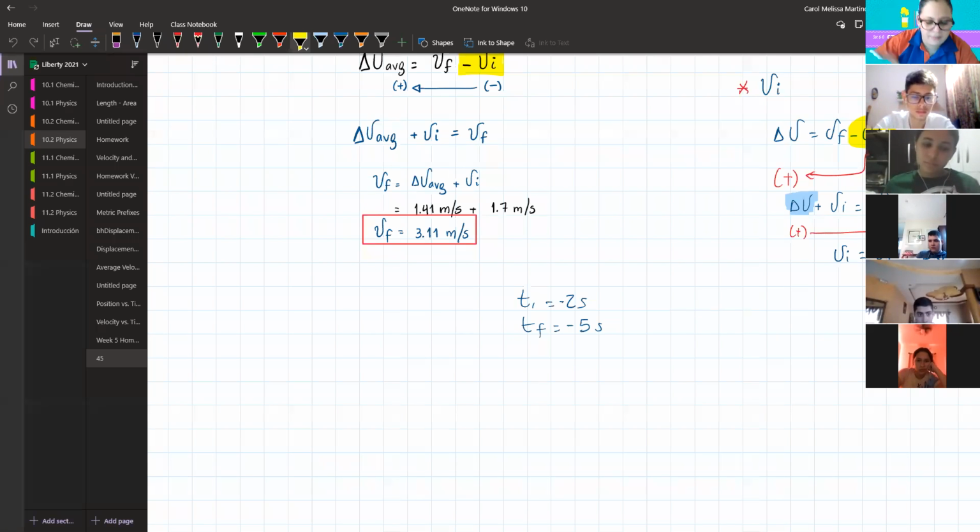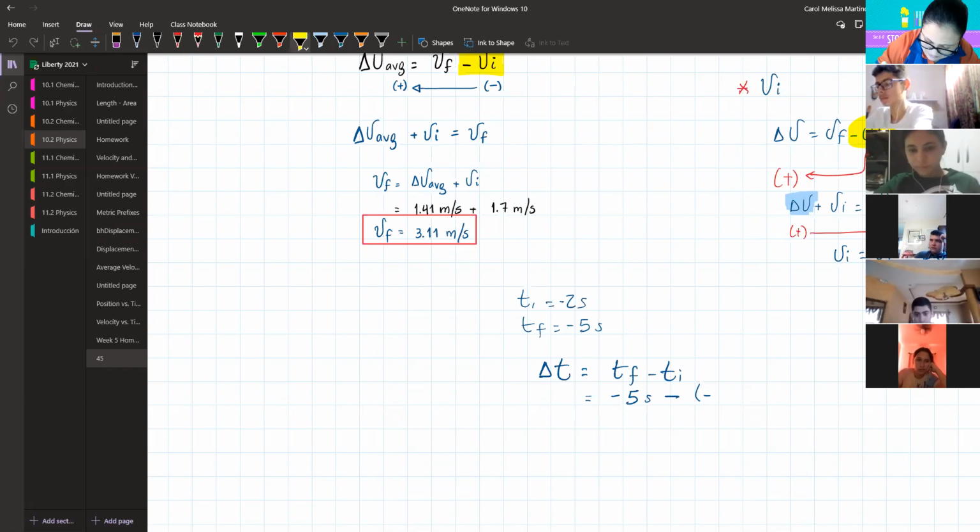That's why I always apply the formula. So in this case, for delta t, I apply the formula. Sometimes you can do it mentally, but I really recommend you to do the process. So the final time is minus 5 seconds, minus, from the formula, the initial time that is minus 2 seconds. Minus 5 seconds plus 2 seconds.